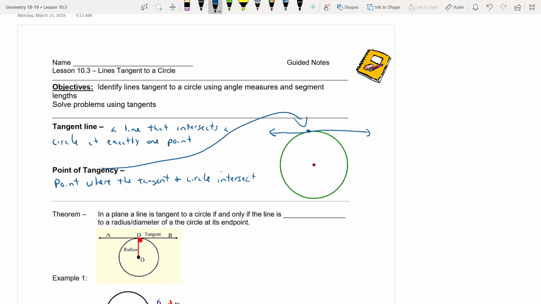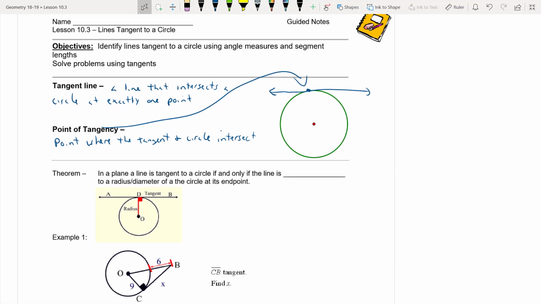And the big thing that comes out of this is in our theorem right here. And that is that if I have a line tangent to a circle, and if I draw a radius from my center up to that point of tangency, they will always be perpendicular.